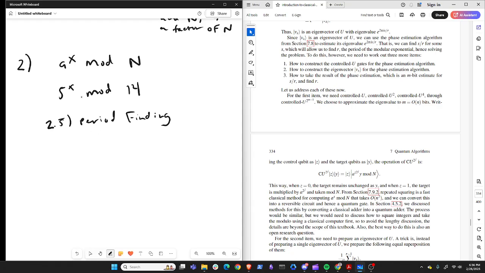We have two quantum registers, the first with n qubits. Sorry, let me start off with the problem statement here.